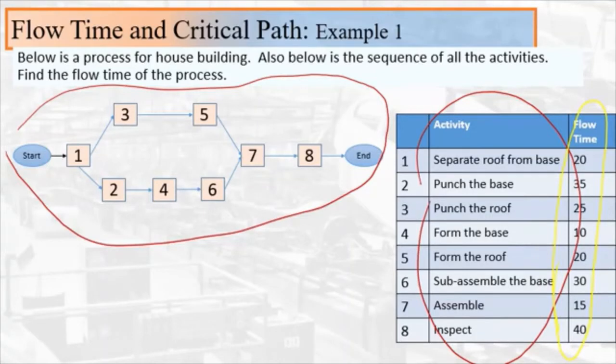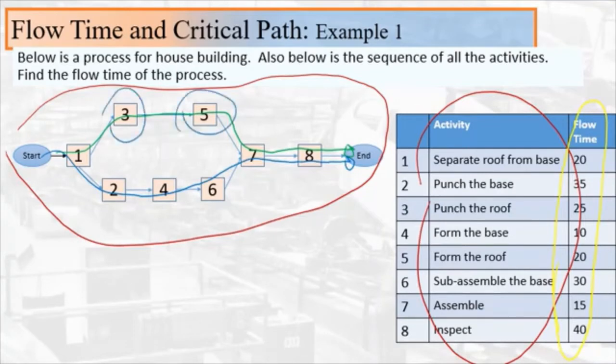Now what we want to do is identify the different paths in this process, and obviously there's this path right here, and then there's this path right here. Now what we do is calculate the length of each path by summing all the different times, which are right here.